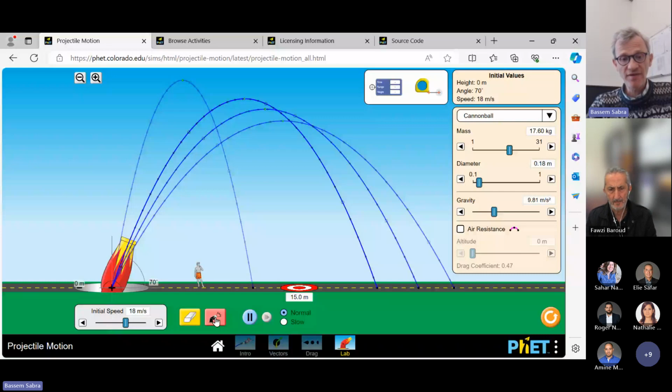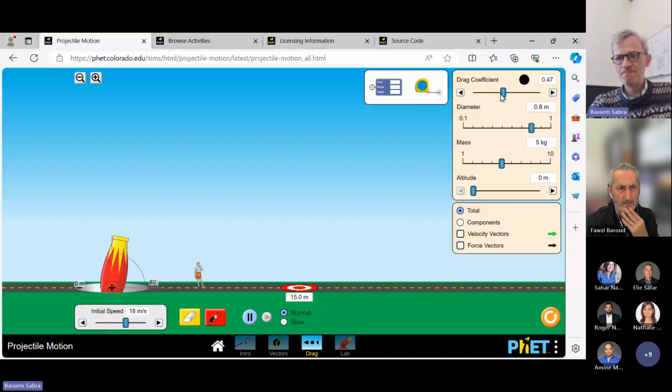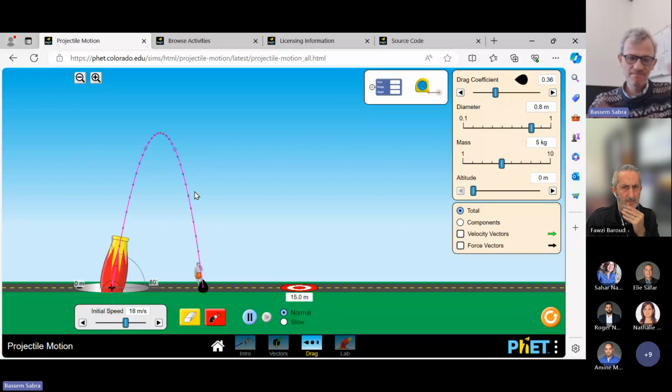You can treat other advanced topics here. You can change the shape of the projectile. So things that are more cone-like will, of course, have different trajectories than things that are rounder.